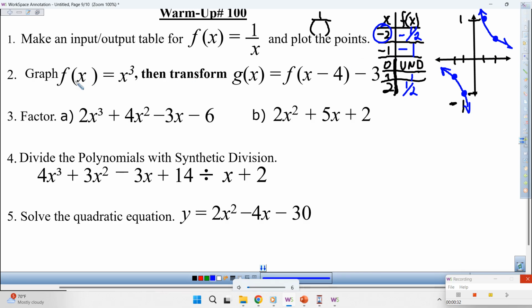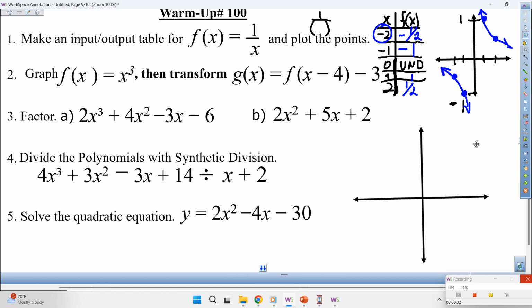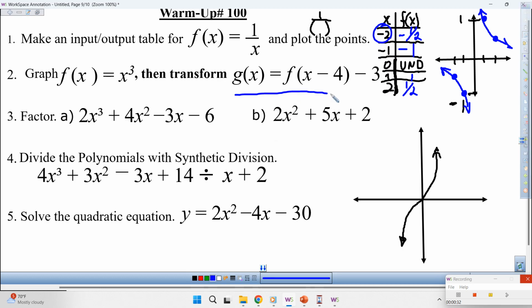Go to number 2. F of x equals x cubed. So, if I was to graph that, let me get that going here. There it is. And according to this transformation, tell you here what we're going to do to that function.